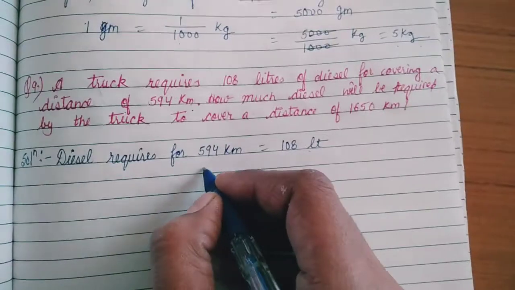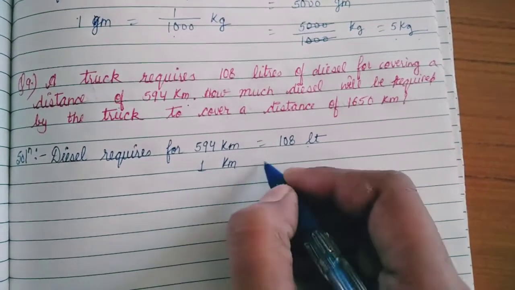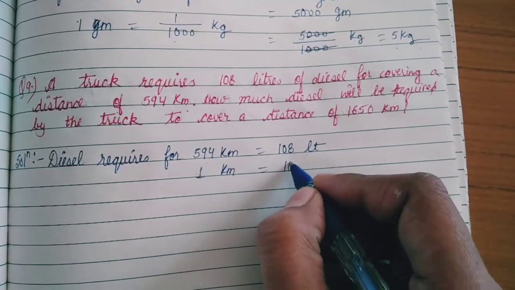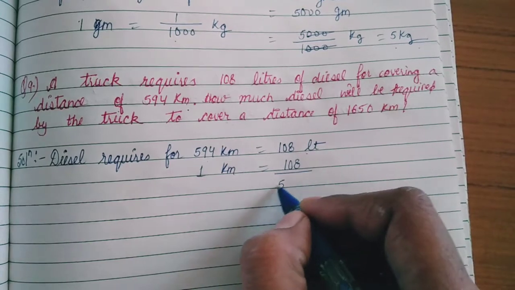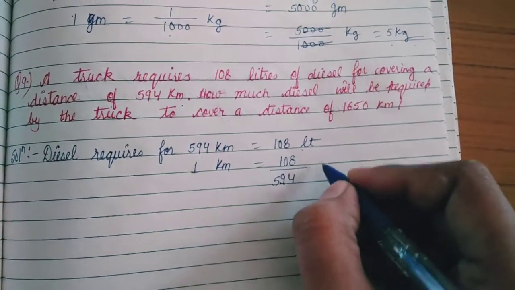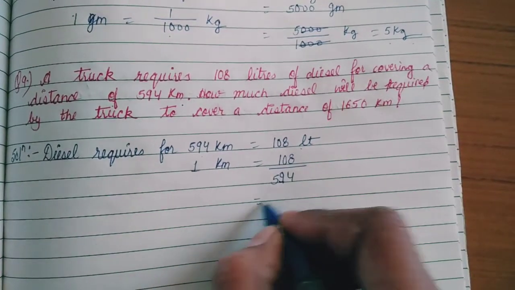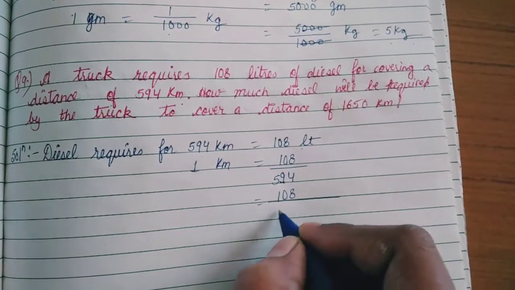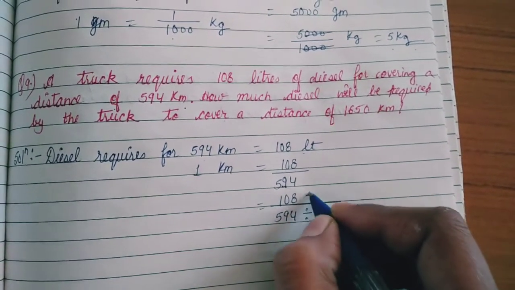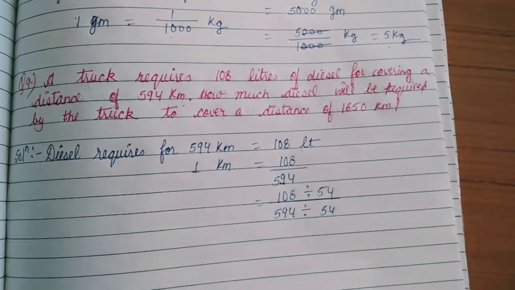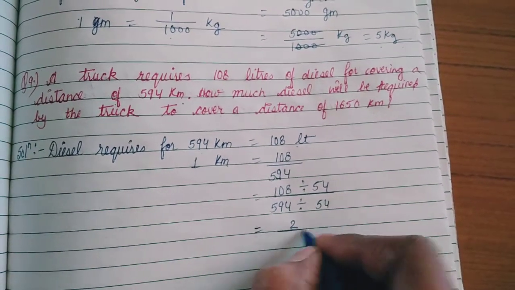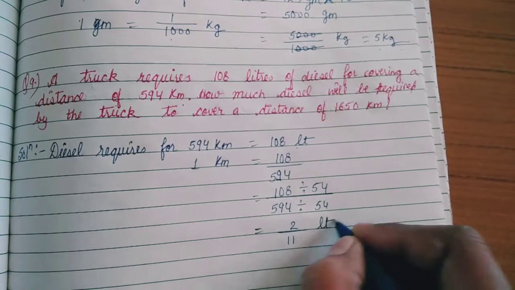From this line we can take the diesel required for 1 kilometer. When we divide 108 by 594, these can easily be divided by 54, and it will give us 2 by 11 liter.